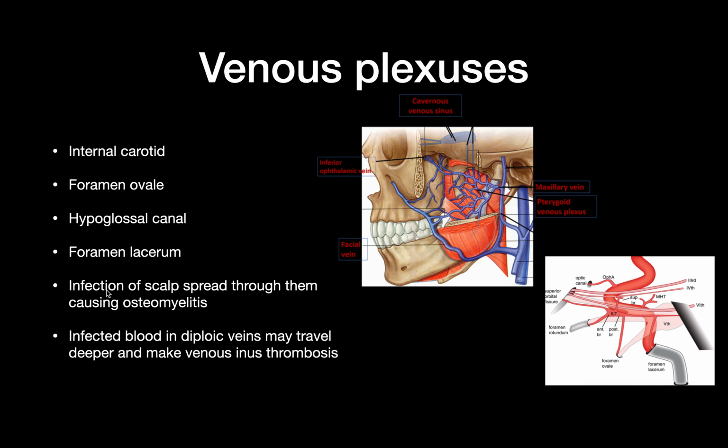Infection of the scalp, if it spreads into the veins and the plexuses, most particularly the plexuses, can spread very quickly and cause osteomyelitis, because look how much they infiltrate the bone and the brain itself, right? Infected blood in the diploic vein may travel deeper and cause venous sinus thrombosis. Let's see how everything is connected here.